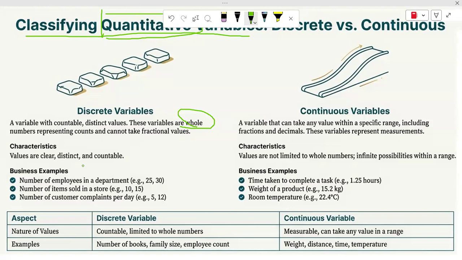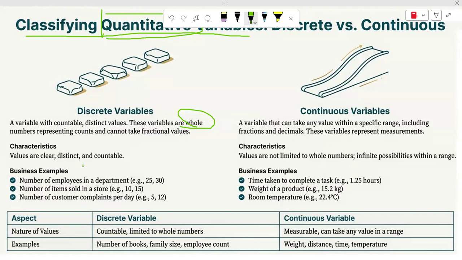And a continuous variable, on the other side, may have fractions and decimal values, the whole number including decimals. For example, what is your height? People say 5.5. How many hours do you sleep? 6.25, or 5.5 hours, 8 hours, 8.5 hours.